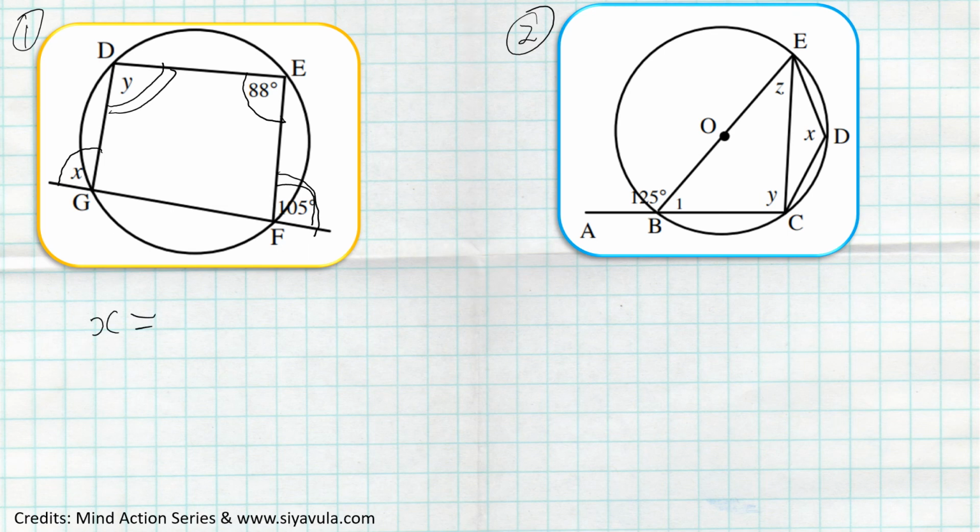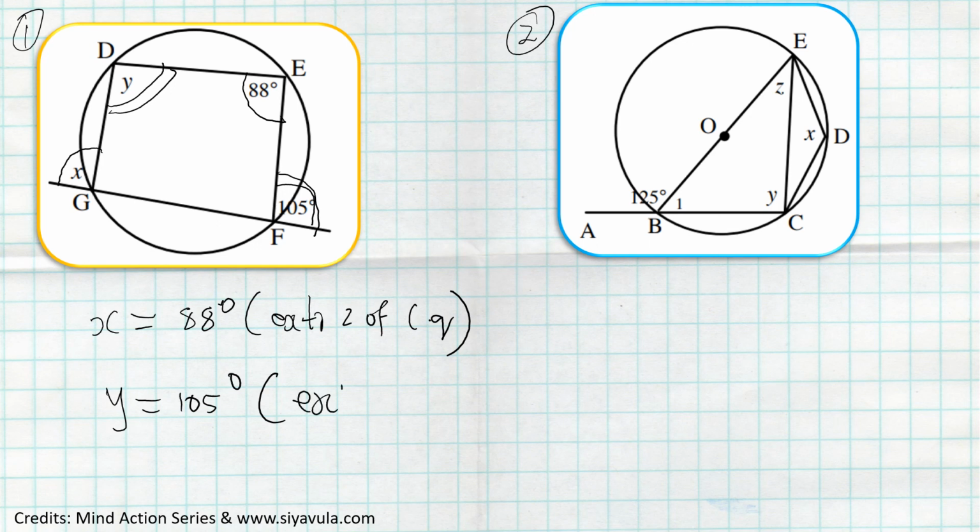Knowing the theorem, we can deduce x is equal to 88 degrees, because of the exterior angle of a cyclic quad. And y will be equal to 105 degrees, because of the exterior angle of a cyclic quad. We know that the exterior angle of a cyclic quad is equal to the opposite interior angle.